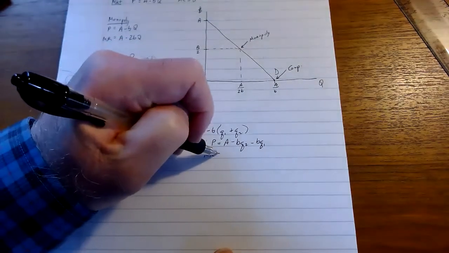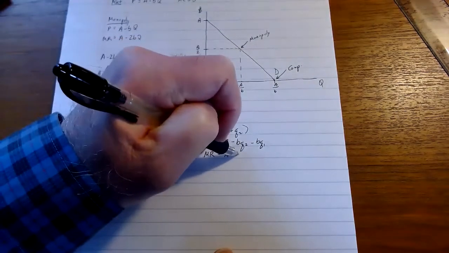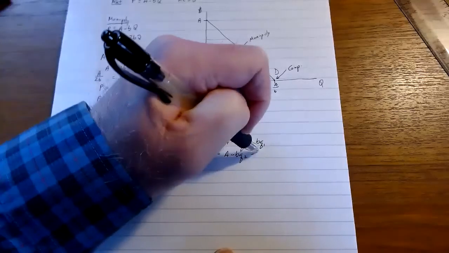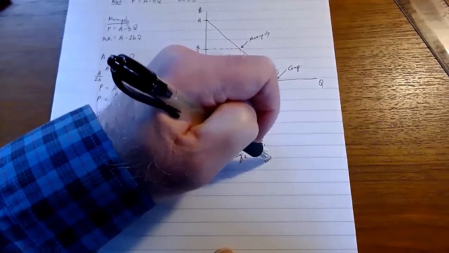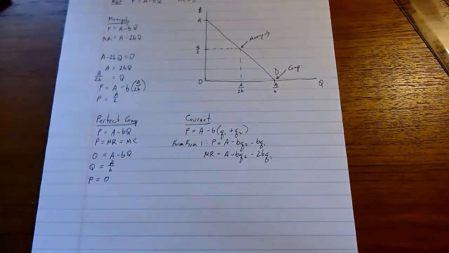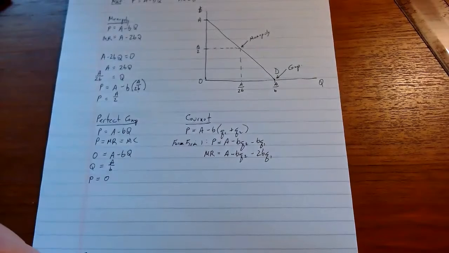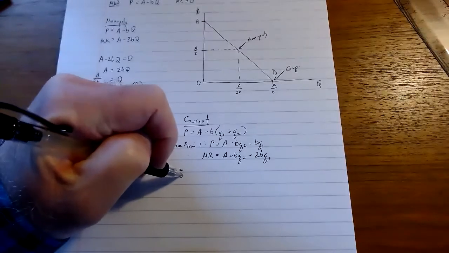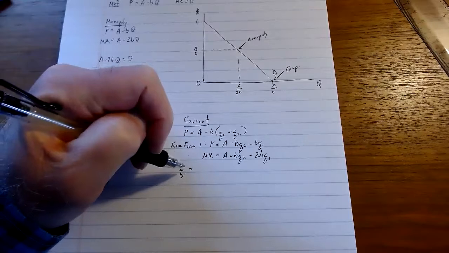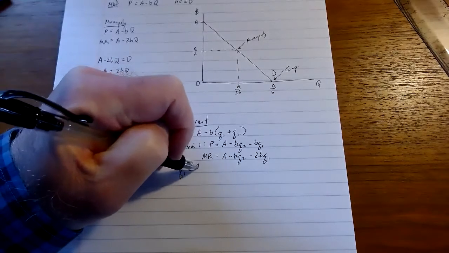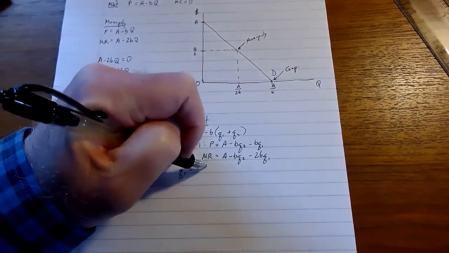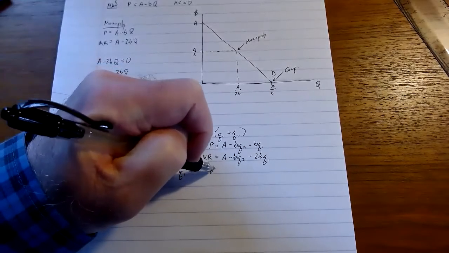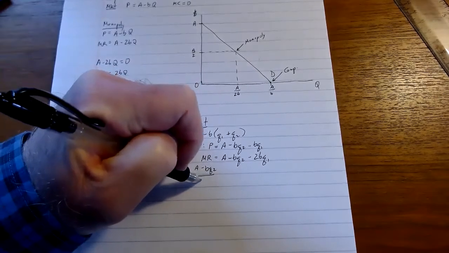So marginal revenue is going to be A minus B Q2 minus 2B Q1. And then we solve for Q1. Q1 is going to be equal to A minus B Q2 divided by 2B.